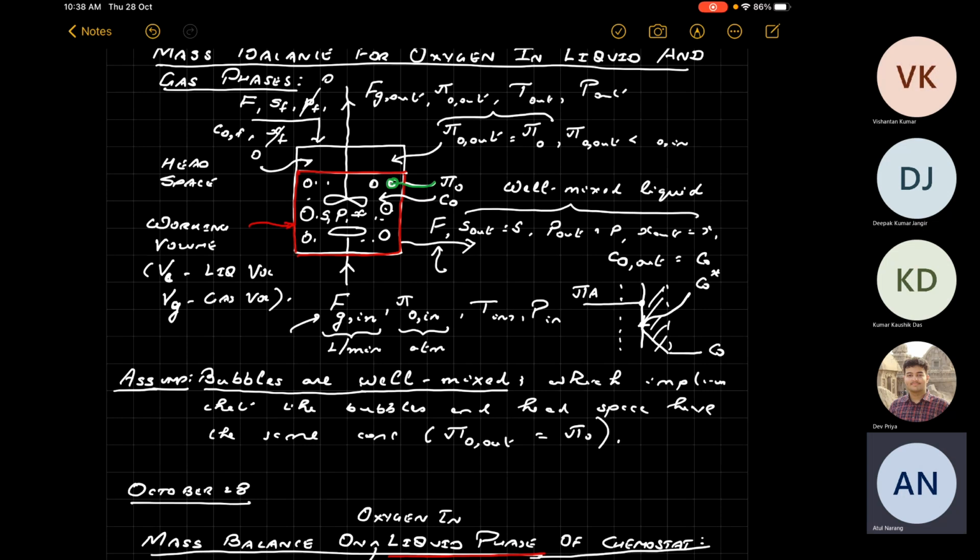The same thing is true here. Instead of assuming that the gas is well mixed, people assume that the gas is moving like a slug upwards through the reactor, right? Slug-like motion upwards through the reactor, and that leads to some changes in the final formulas.